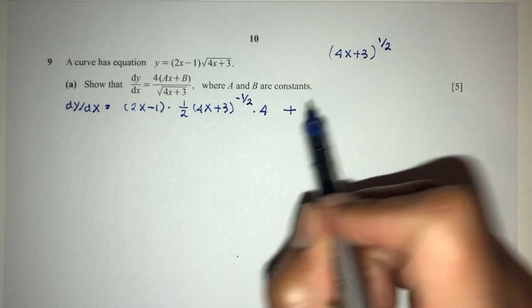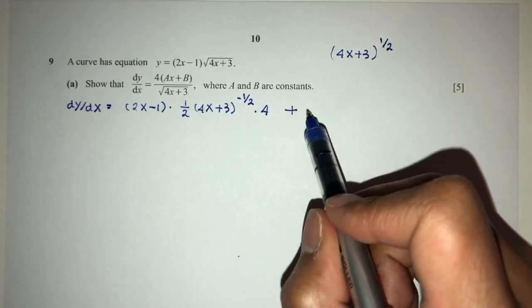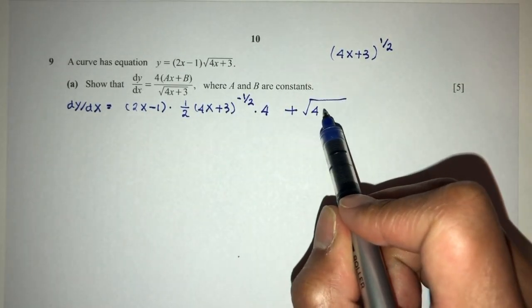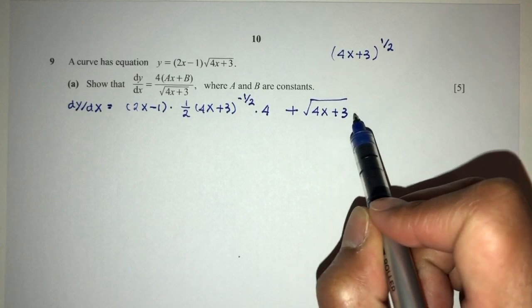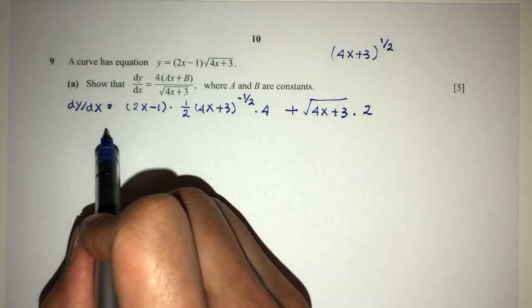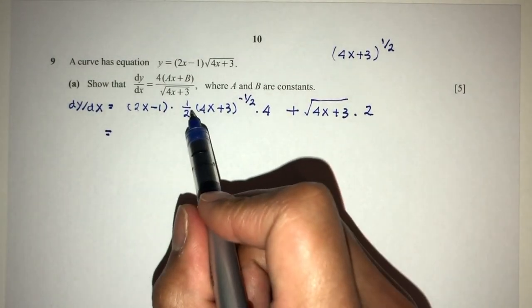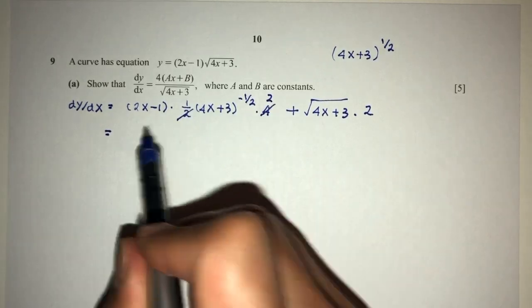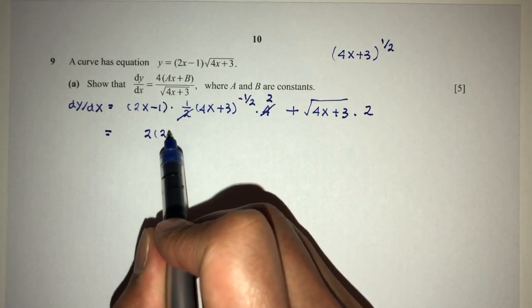And then plus, we write this one as it is, so square root of 4x plus 3 multiplied by d by dx of this one, that will give you 2. So simplify, here you will have what? Cancel, cancel, that will be 2. We have 2x minus 1.